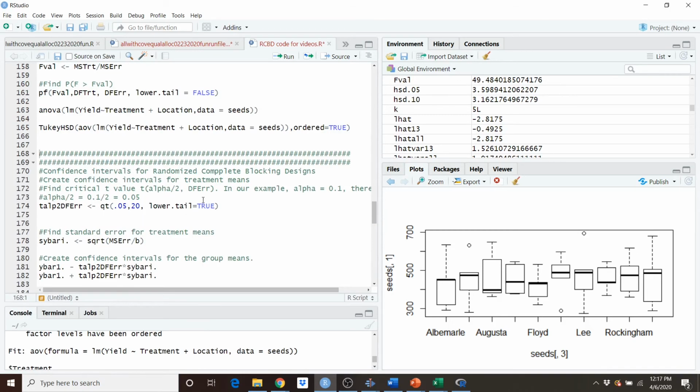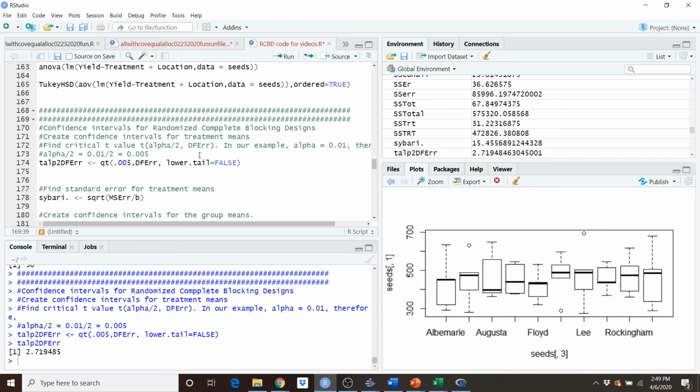One of the things that we might like to do is create confidence intervals for our means. So we need to find our critical t value at alpha over 2 and our degrees of freedom of error. In our current example, alpha is 0.01, and so alpha over 2 is going to be 0.005, and we'll use the qt function. Notice I've got lower tail equals false, so I want the probability above this value to be 0.005.